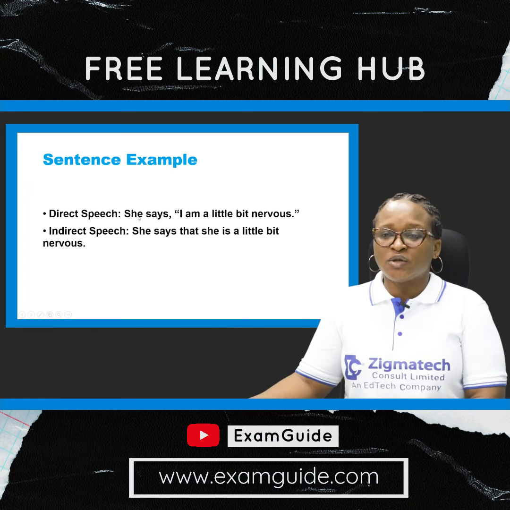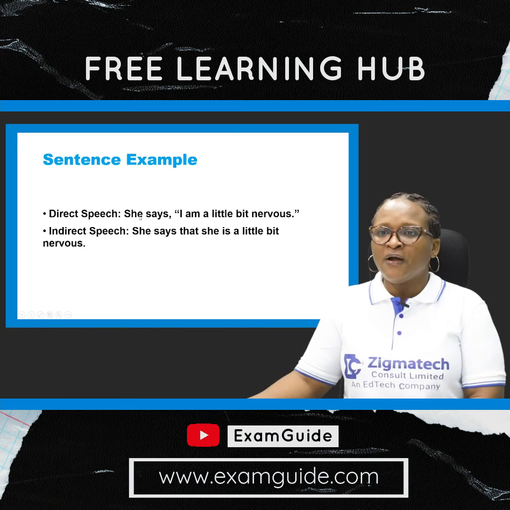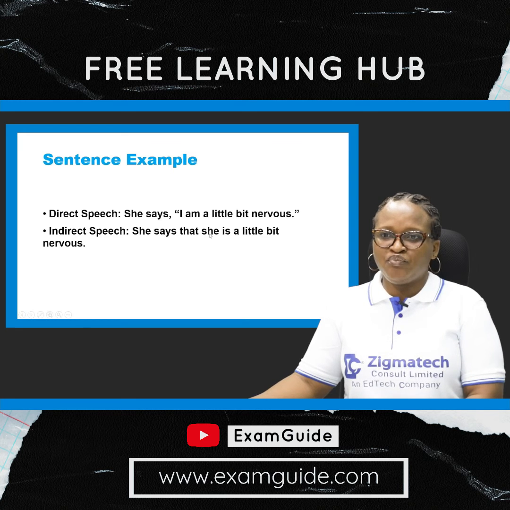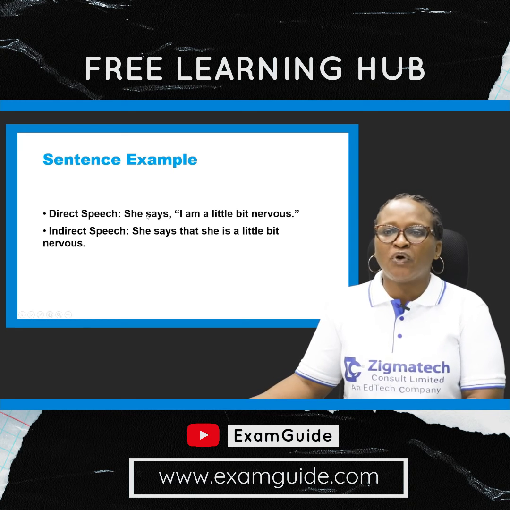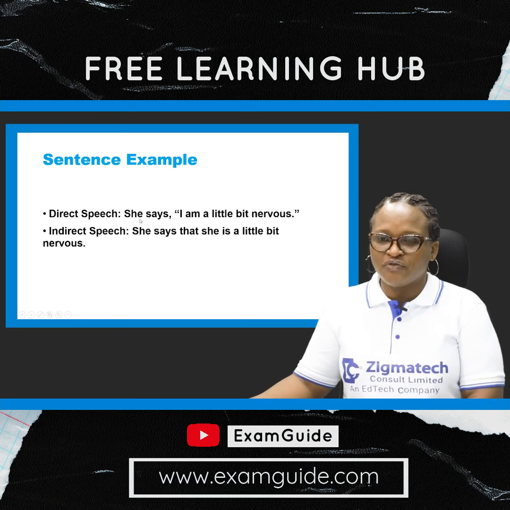If the subject of the reporting speech is she, that means in changing from direct to indirect, you change your I, the first person pronoun, to the third person pronoun that you have in your reporting speech, the subject of your reporting speech.